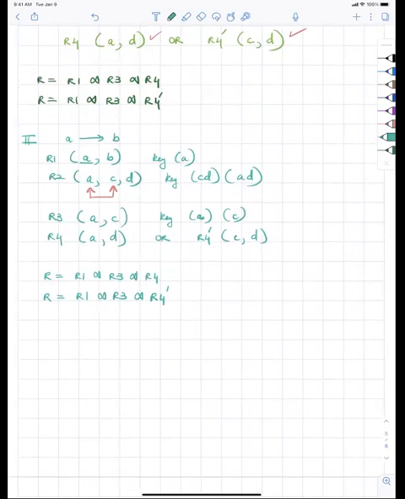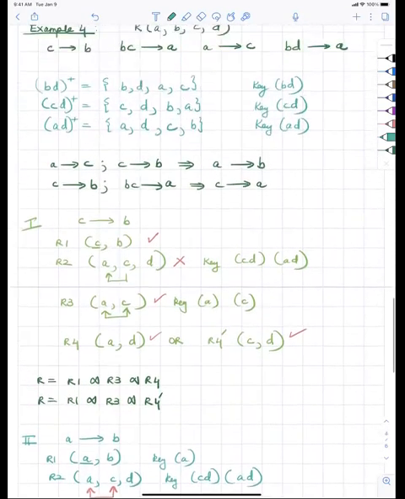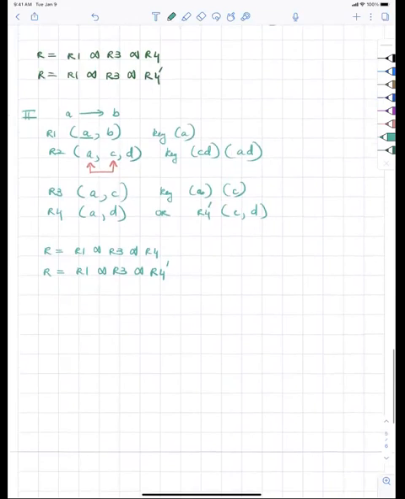So if you don't have questions, I'm going to give another problem and I would like you to try this out. So this was example 4. So let's look at example 5.